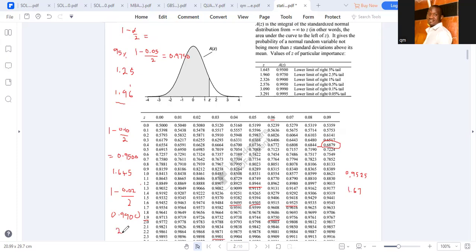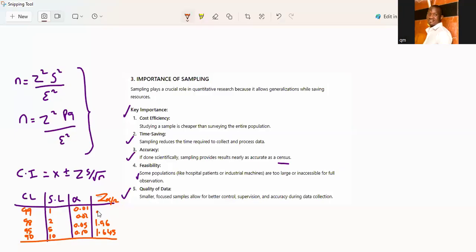Do you agree? Yes. Right. So now you know how to read it on your own. So this is 2.33. If you do the same for 99%, you find it at 2.58 or 2.575. Right. So these are the Z figures.